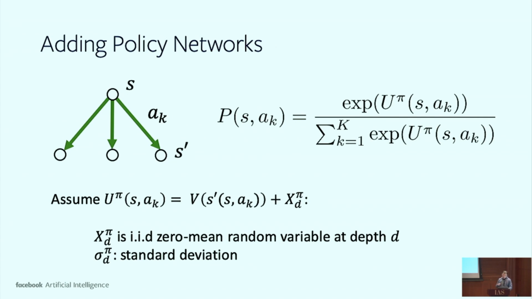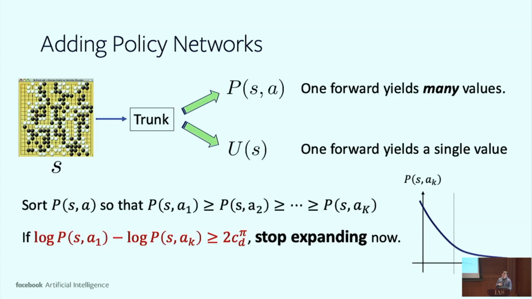Okay, so here we assume that there is still a gap between the true values after you take an action and the policy network's prediction from the current state. Because of that, since you have this policy network p(s,a), you can first sort it in decreasing order.